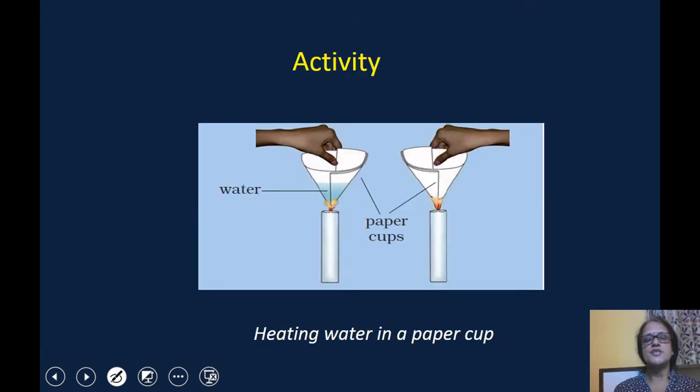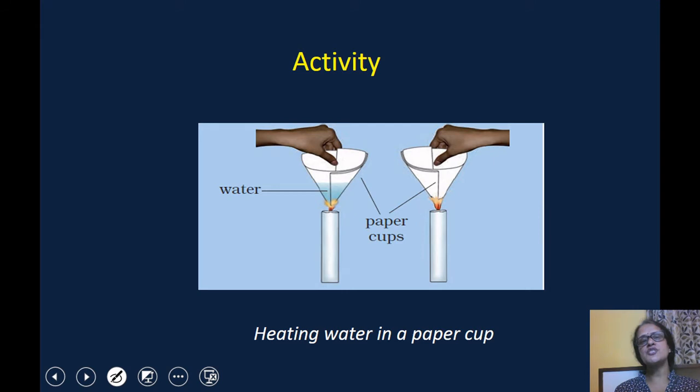Children, for explaining kindling temperature or ignition temperature, I would like to discuss one more activity here. This is a very simple activity, but I will not advise you to do this activity alone. You can do this activity in the presence of some elder person. What we are doing here: we have taken two paper cups.